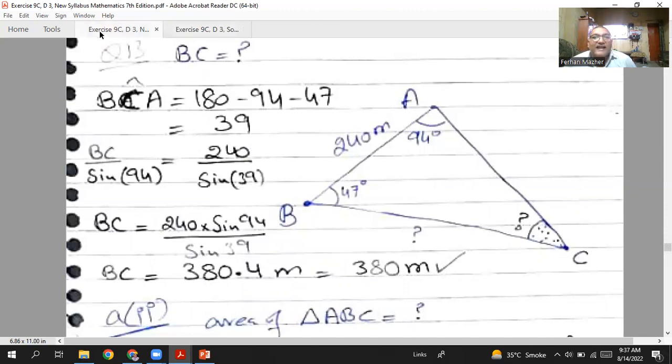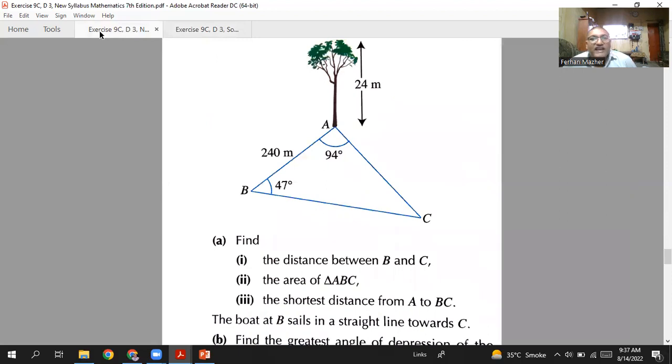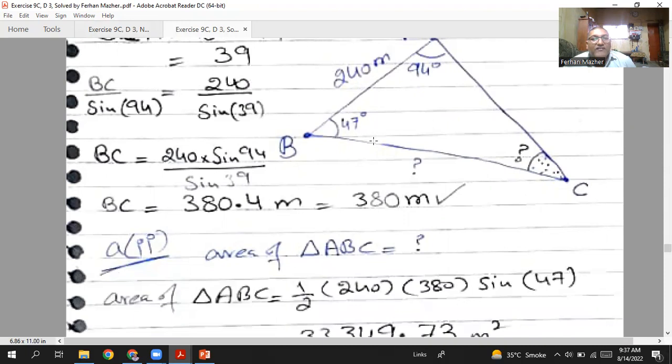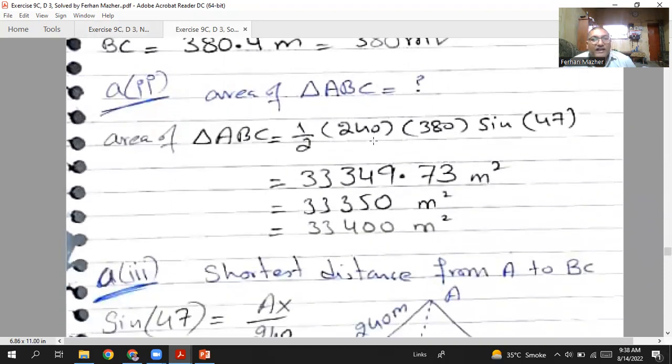I hope you understand. The next question is the area of triangle ABC. We know two sides of this triangle, we know the angle between them, and we want to find the area. One half ab sine theta is the famous formula for the area.